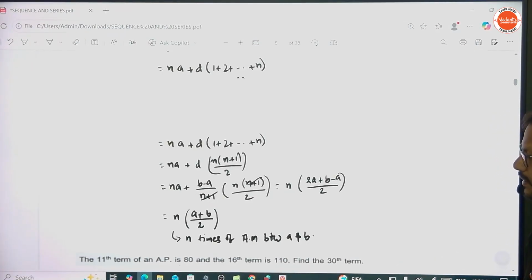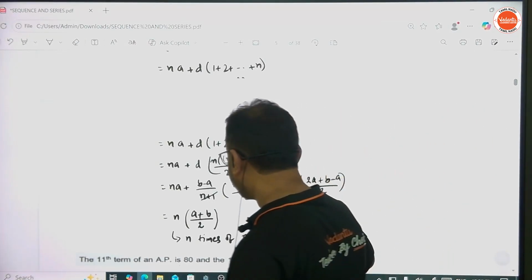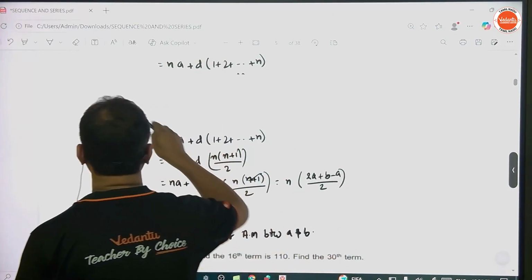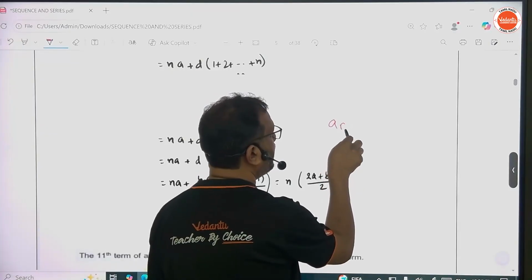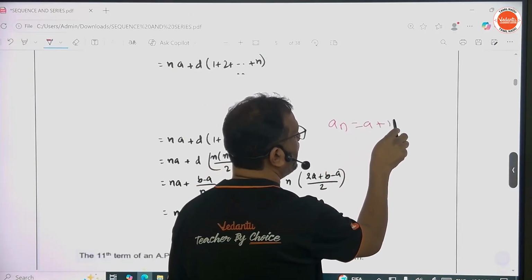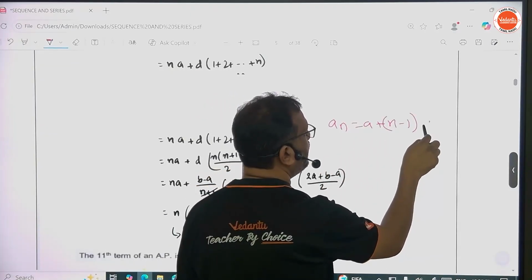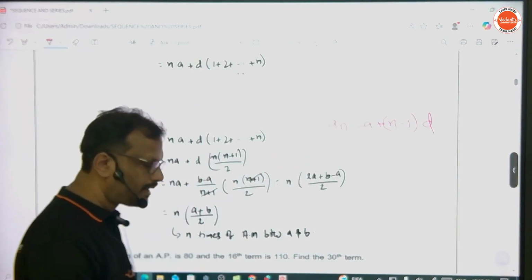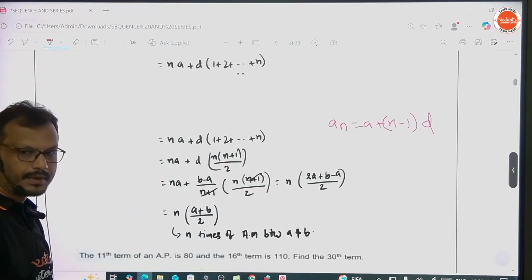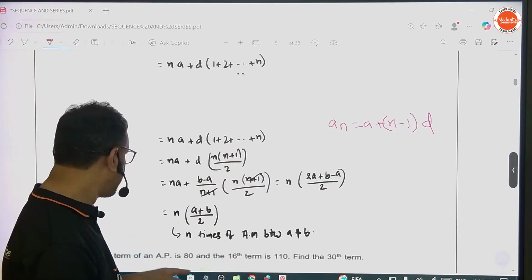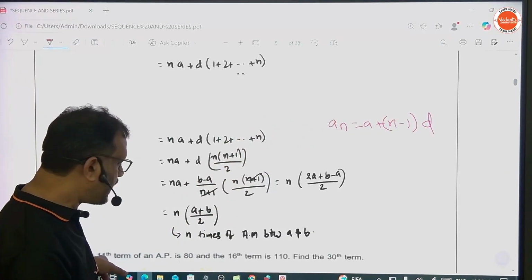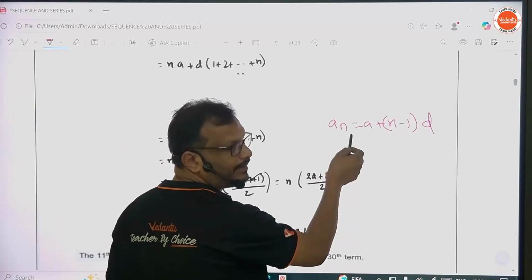The 11th term of an AP is 80 and the 16th term is 110. So what is the nth term generally? A plus n minus 1 into d. What is given? The 11th term is how much? 80. Now put n equal to 11. n equal to 11 means this is A11.